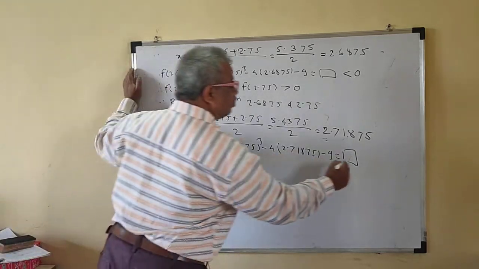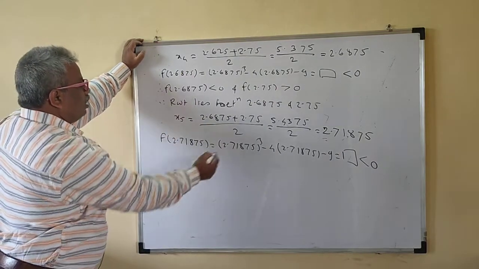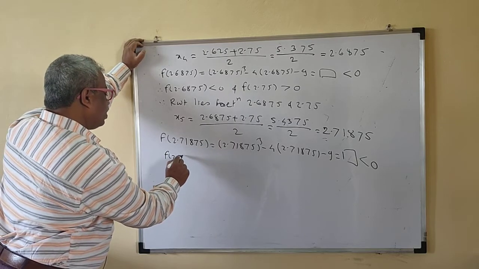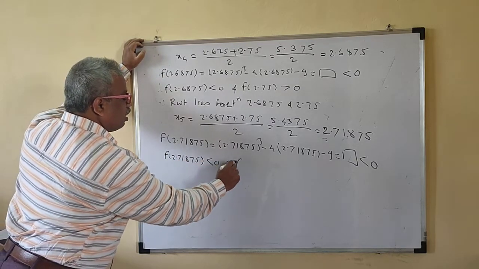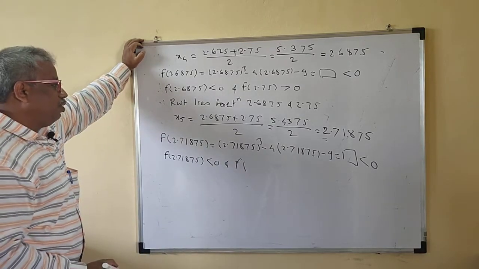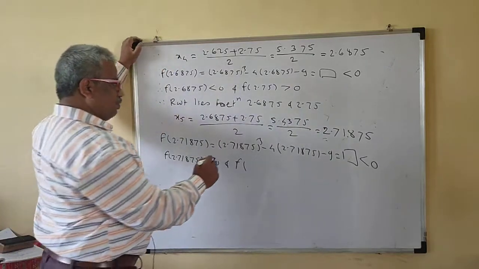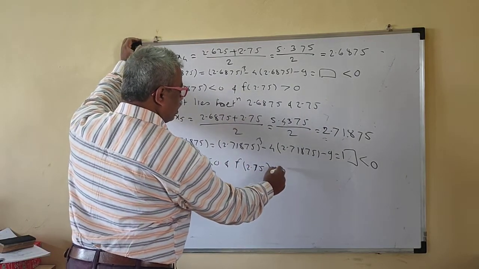This value is negative. That means f of 2.71875 is negative, and you have to check which one is the positive, just the previous one. So this was the positive. 2.75 is the positive. 2.75 is greater than 0.